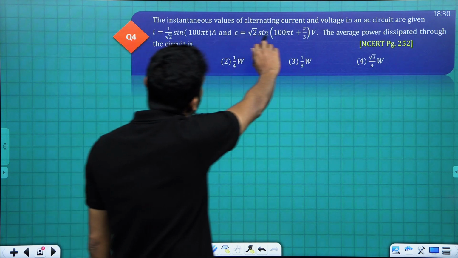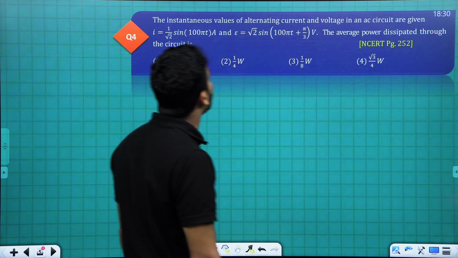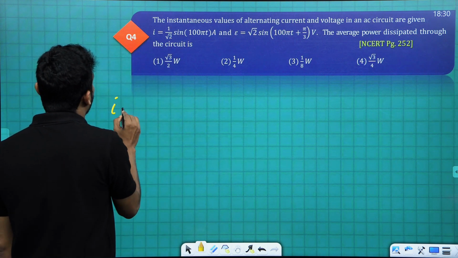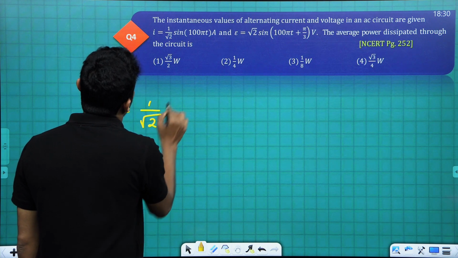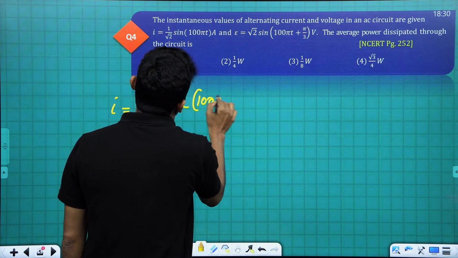The instantaneous values of alternating current and voltage in an AC circuit are given as: the instantaneous value I is equal to 1 by root 2 into sine of 100 pi t.